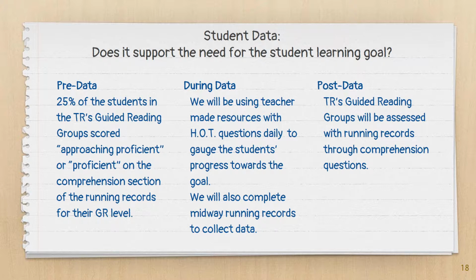The during data, we're going to use some of the resources that I've made or that we have found, and we're going to also complete some midway running records just to see where we are and where we're going. And then finally, the teacher residents guiding reading groups will be assessed with the running records again at the end. Now, these will be the right levels for each student, but they will not be the same text. They will be different texts each time, so it's not the exact same running record.